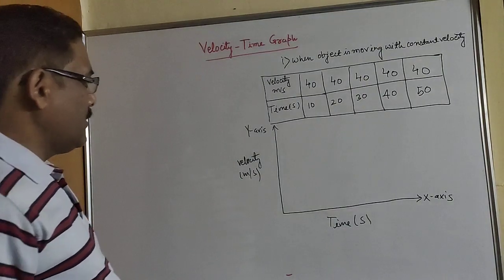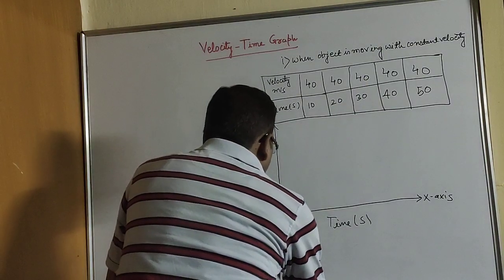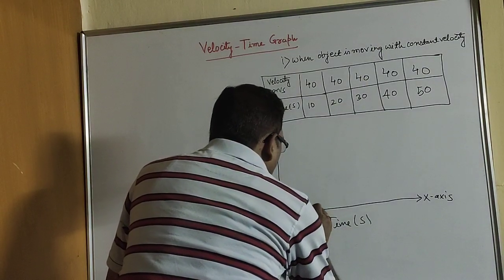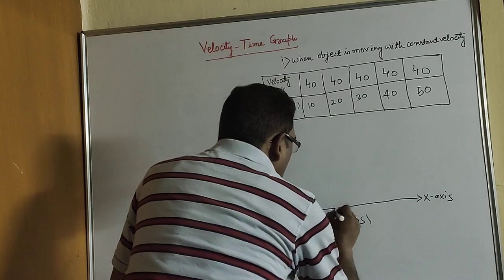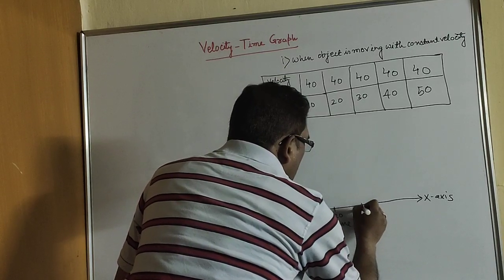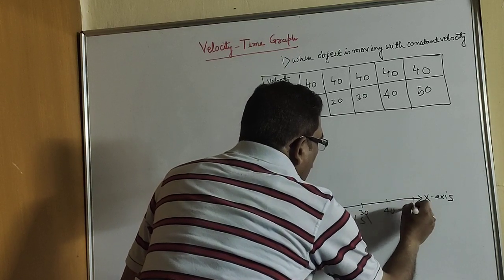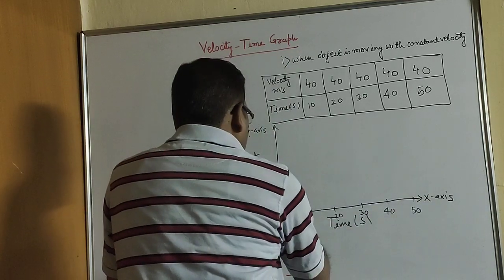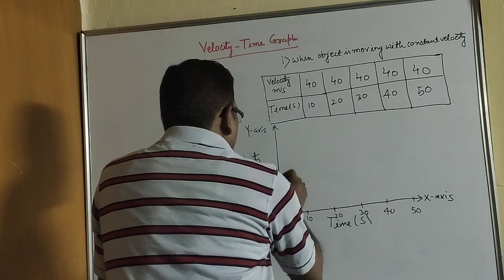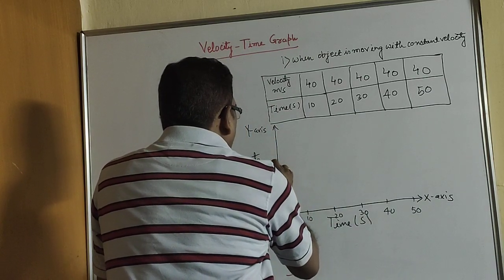So if you draw the graph, this is 0, 10, 20, 30, 40, 50, like this. Here you can mark 20, 40.